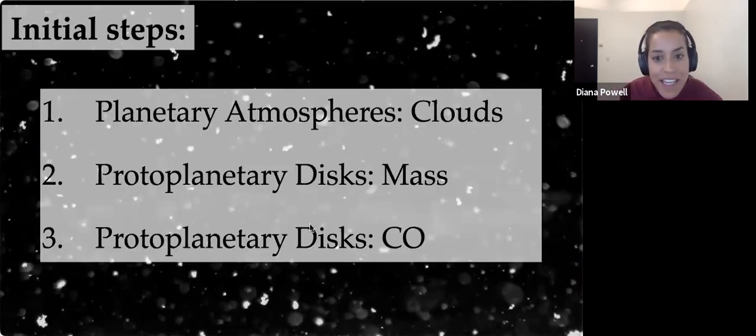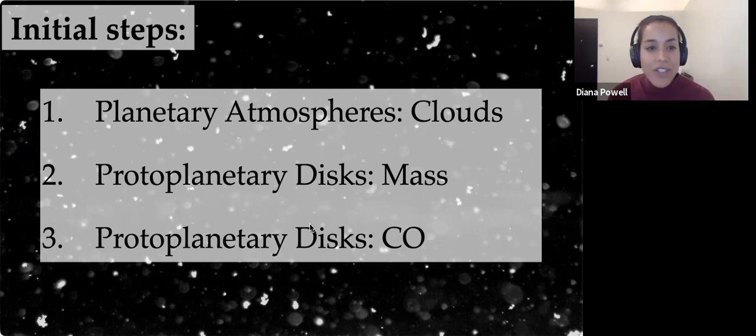I'll start by talking about some of the initial work that I've taken towards tying planet formation to planetary characterization. First, I'll talk about planetary atmospheres with a focus on clouds. I'll then move on to discussing fundamental properties of protoplanetary disks, such as the total amount of mass present in these systems. And then I'll bring the techniques that I've used in the two previous topics together through a discussion of the evolution of carbon monoxide in protoplanetary disks.